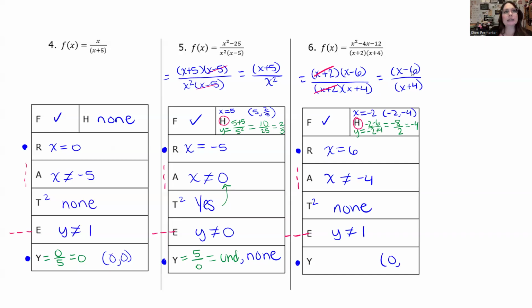So if I go plug in 0, I'm going to have 0 minus 6, or just -6 on the top. And in the denominator, I'm going to have 0 plus 4, or just 4. Does that reduce? So we'll get -3 over 2 as my y part.